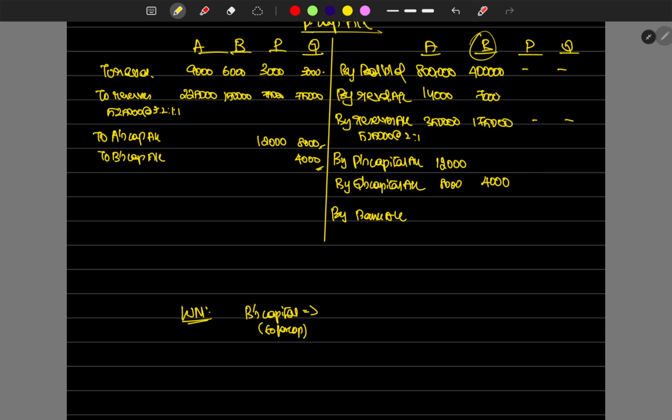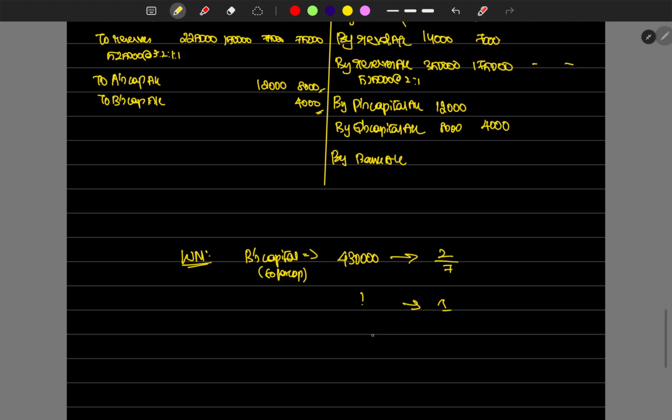Okay, so 4 lakh plus 7,000 plus 1,75,000 plus 4,000 minus 6,000 minus 1,50,000, which is 4,30,000 is B's so far capital. Okay, 4,30,000 is 2/7. What would be for 1? Then 4,30,000 into 7/2.